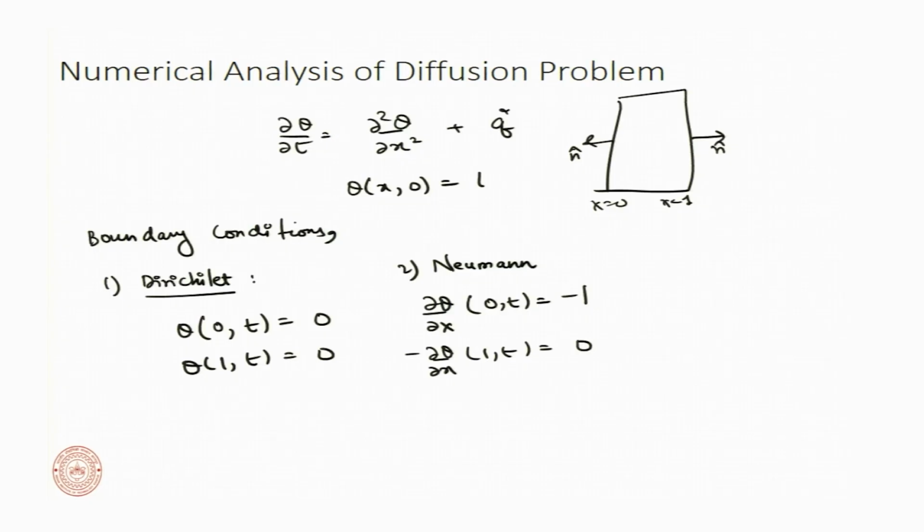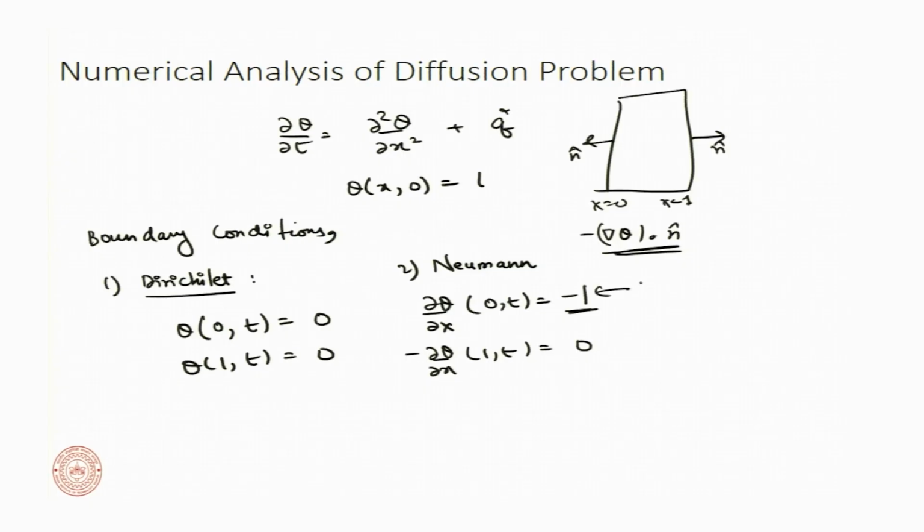So we will have multiplier minus 1, and that's why the minus sign gets removed, right. So we have minus of gradient of theta dot with the surface normal. At this end, the surface normal is towards the negative i cap, gradient will be towards the positive i cap. That's why you have an extra minus 1 term, and the 2 minus 1 cancel out to be equal to 1. This is our heat flux.